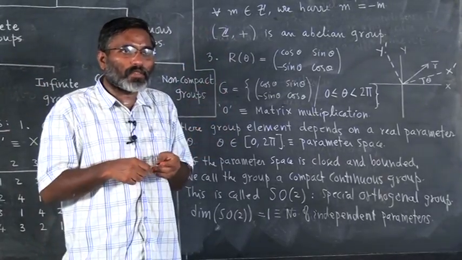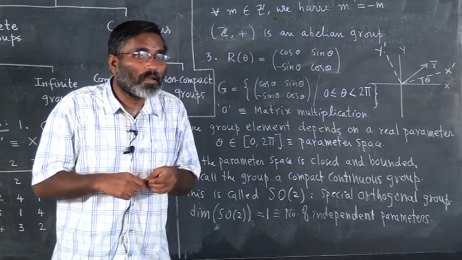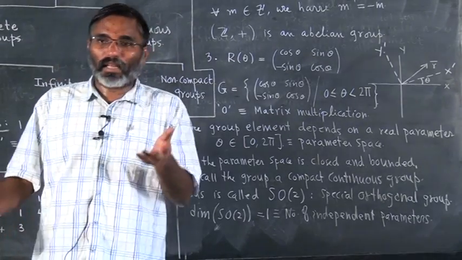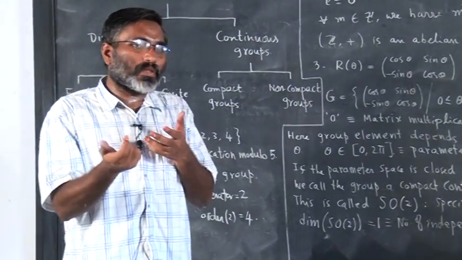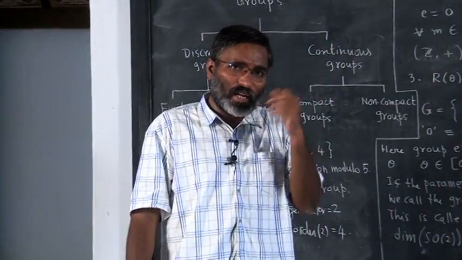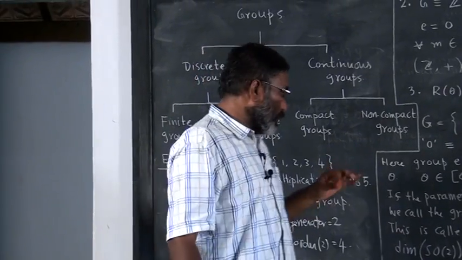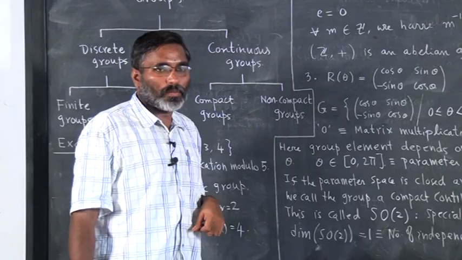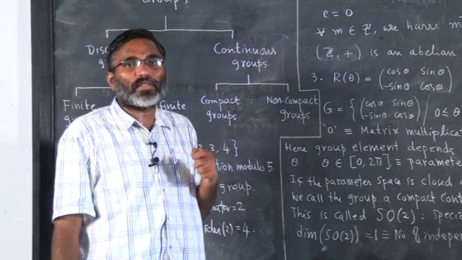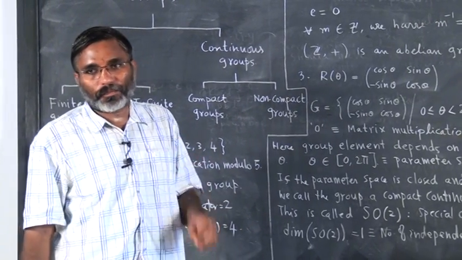What are those parameters? Euler angles. Yes, from classical mechanics you might recall that Eulerian angles will determine any arbitrary rotation in 3-dimensional space. So 3 Eulerian angles will become independent parameters in rotations on 3-dimensional space. So dimension of SO3 is 3.